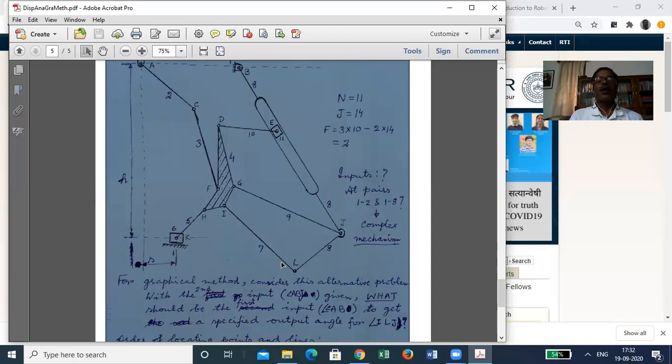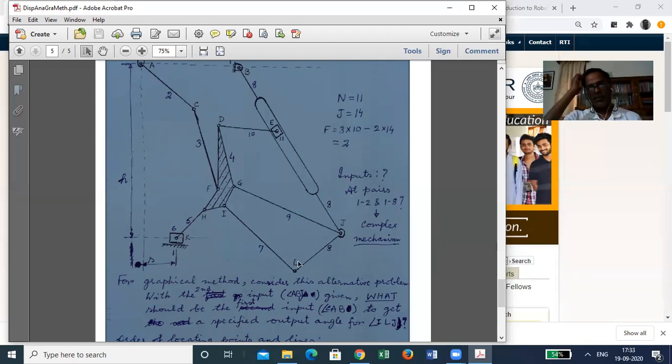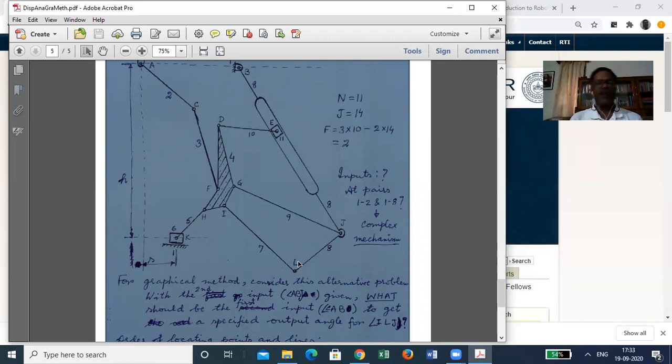With this understanding, either that input variables are this angle and this angle, or the understanding is that input variables are this and this as we wanted, but this current problem is that this input angle is known and this input angle is required, inverse problem, such that this output angle has a particular value. So it is equivalent problem. Fine. And this can be solved by graphical methods.